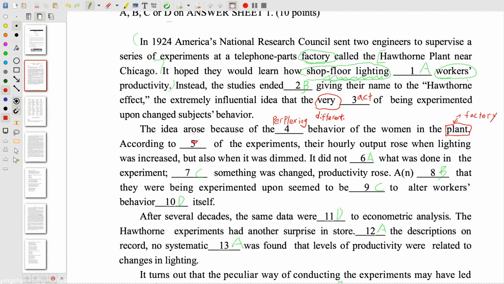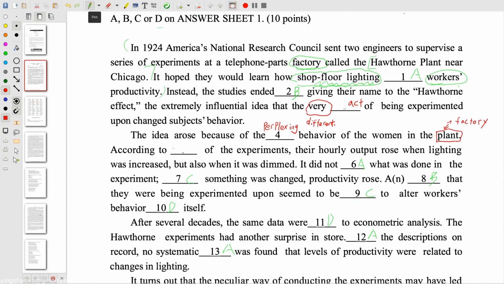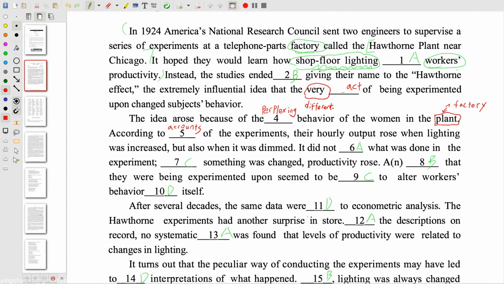For example, we can get rid of this text, then write the correct word, accounts. But that's not a good idea. Let's just do this. Accounts. According to accounts of the experiments, the hourly output rose when the lighting was increased, but also when it was dimmed.